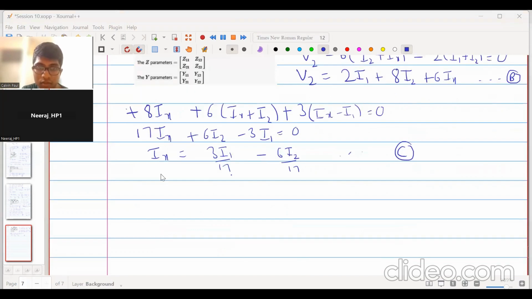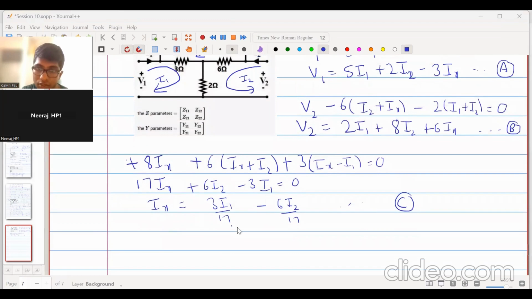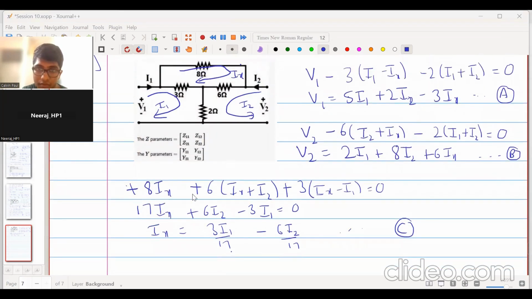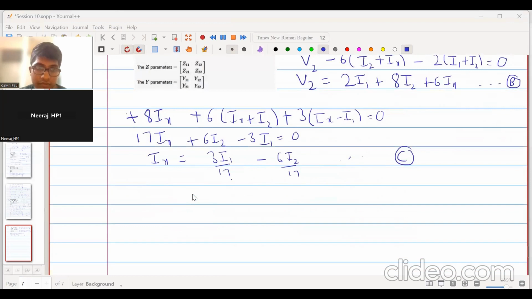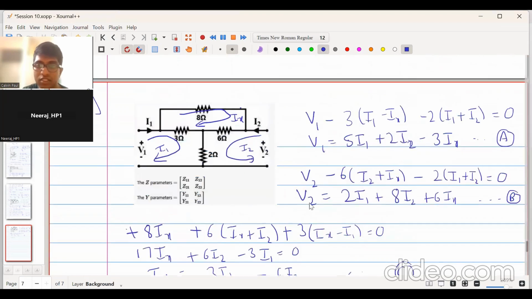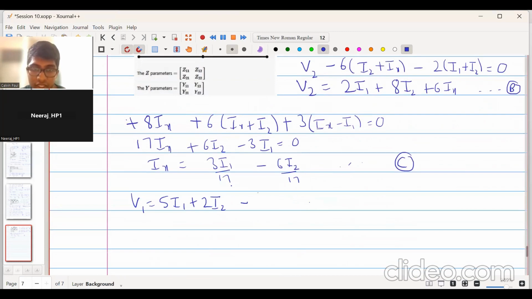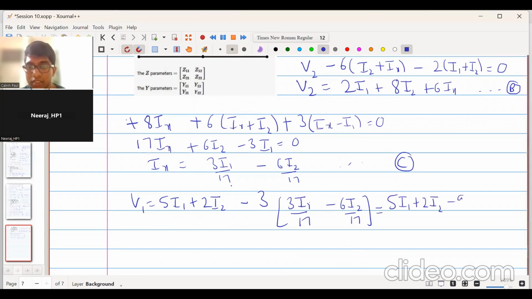Okay. So now we will substitute this value of Ix in A and B. When we substitute it, we get V1 is equal to 5 into I1 plus 2 into I2 minus 3 into Ix. 3 into this one, 3 I1 upon 17 minus 6 I2 upon 17. This will be equal to 5 into I1 plus 2 into I2 minus 9 I1 upon 17 plus 18 I2 upon 17.